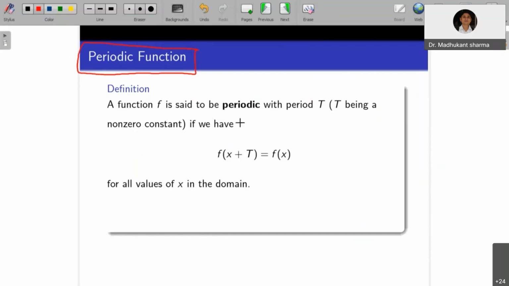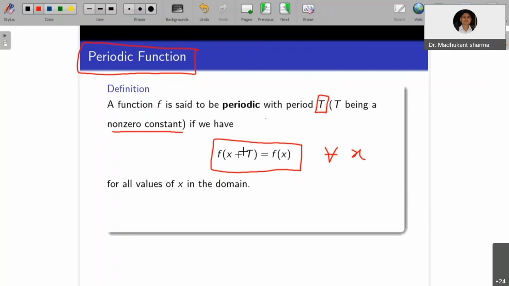A function f is said to be periodic with period T, where capital T denotes the period and is a non-zero constant, T should not be zero, if we have the following for all x. That gives you the definition of a period. So it is said to be periodic with period T if we have this, and of course T is the smallest one.